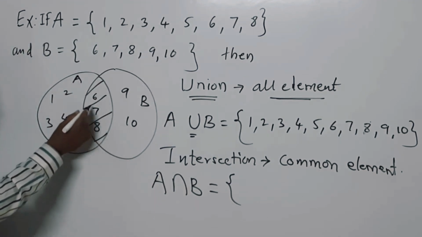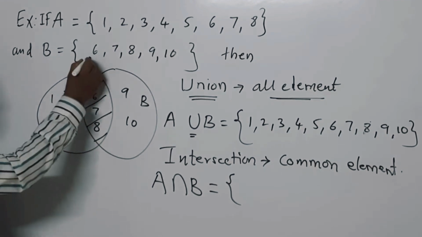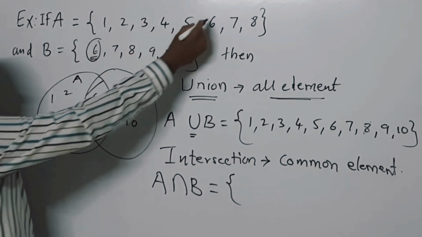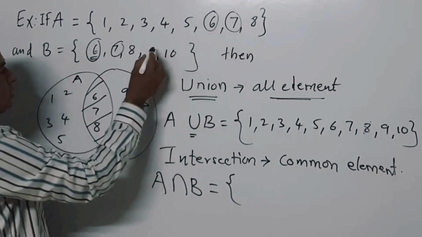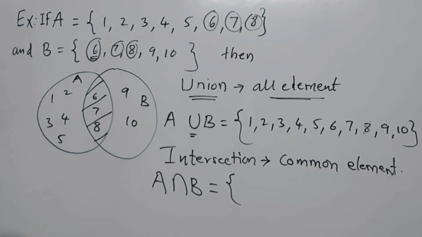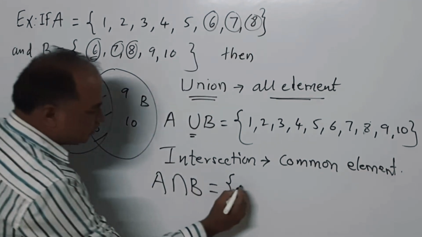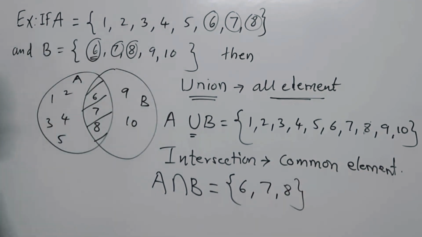The common elements in both the sets are 6, 7 and 8. Here A has 6, B also has 6, and A and B both have 6, 7, 8. So intersection means common elements, which are 6, 7 and 8.